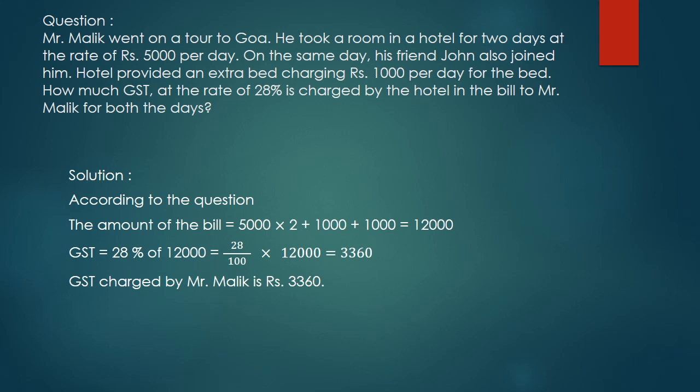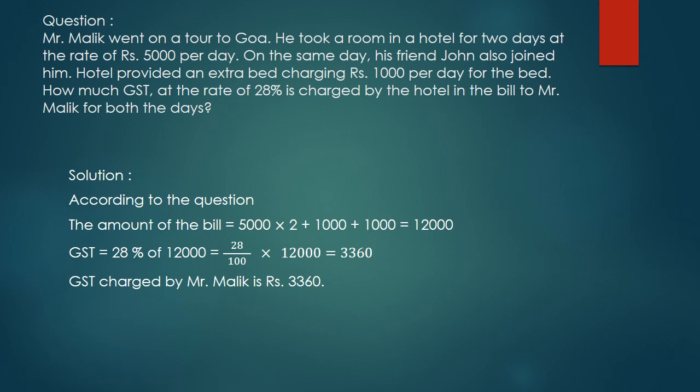Then his friend John also joined him for 2 days and the hotel provides an extra bed for rupees 1,000 per day. So the total amount of the bill will be 5,000 into 2 plus the cost of the extra bed for 2 days, so 1,000 plus 1,000.